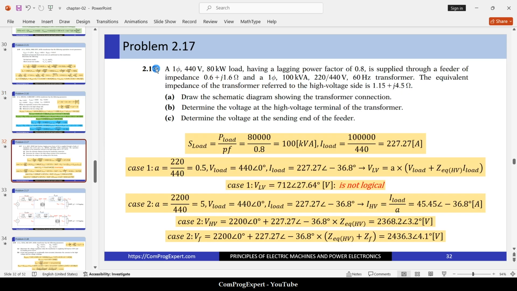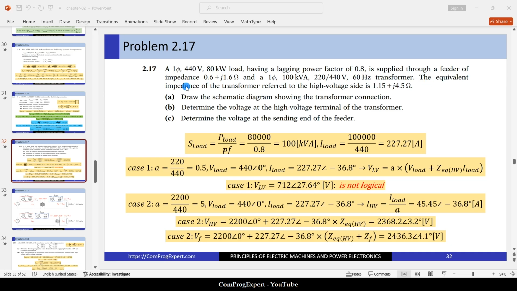Problem 17. A single phase 440 volt 80 kilowatt load having a lagging power factor of 0.8 is supplied through a feeder of impedance 0.6 plus j 1.60 and a single phase 100 kilovolt ampere 220 to 440 volt 60 hertz transformer.